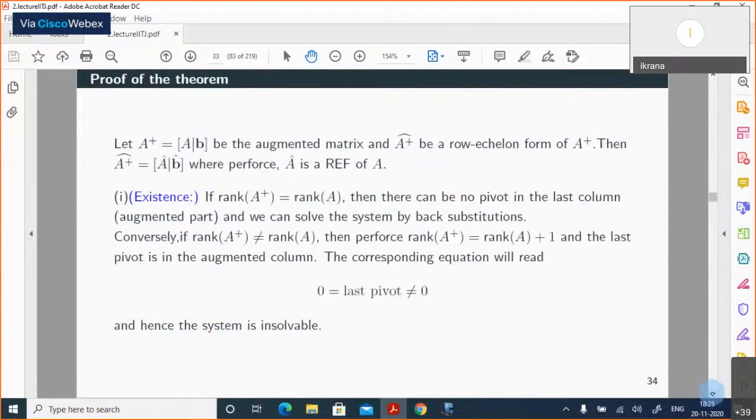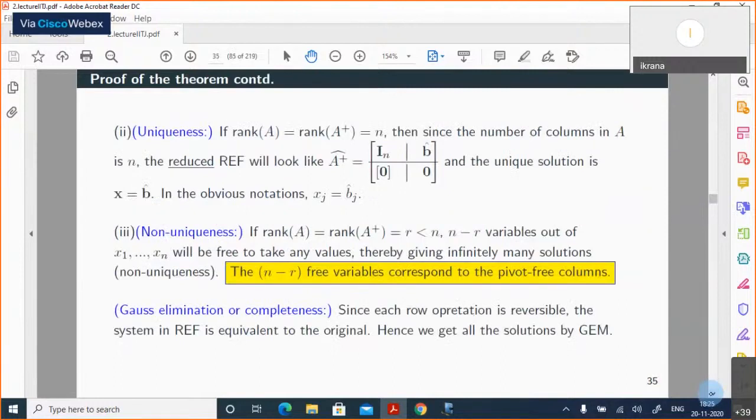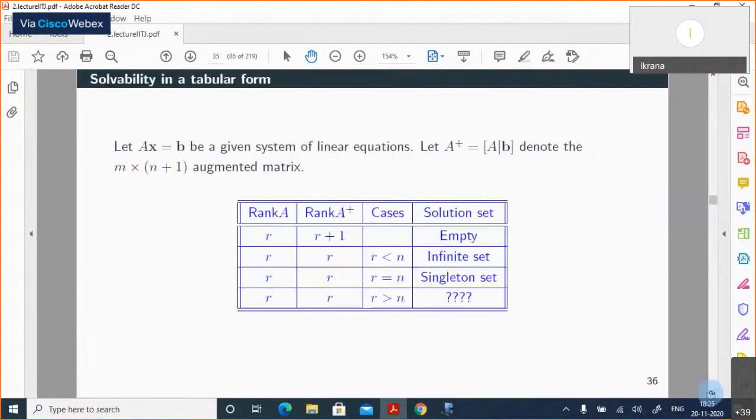Well, I've just discussed the proof, so I won't go through the proof here. You can write down everything. As I said, n minus r free variables will be there to write down the solution. So this is, in a nutshell: if the rank of A plus is more than the rank of A, then there is an inconsistency, no solution.